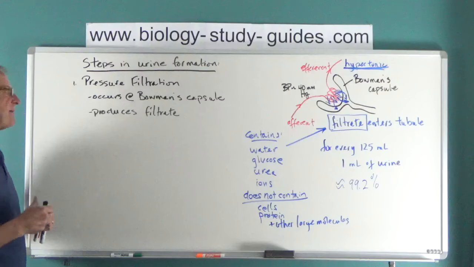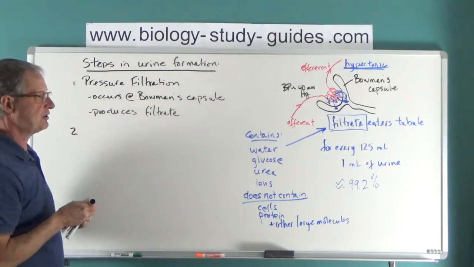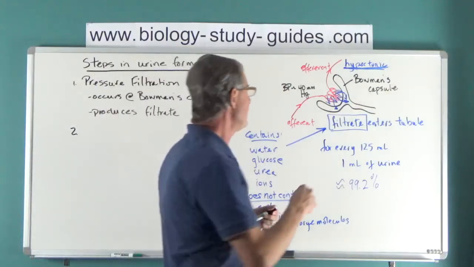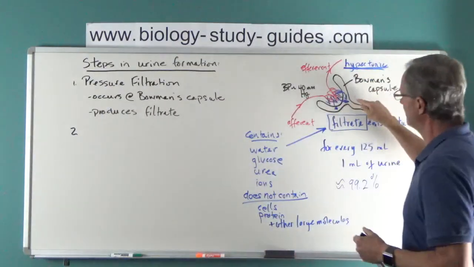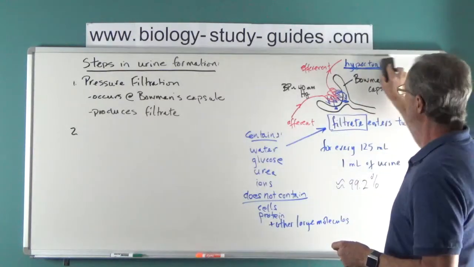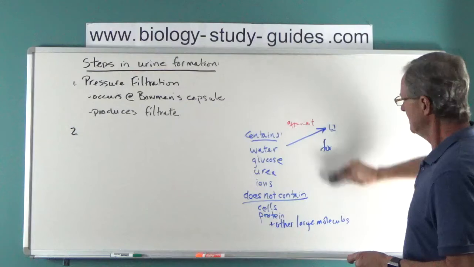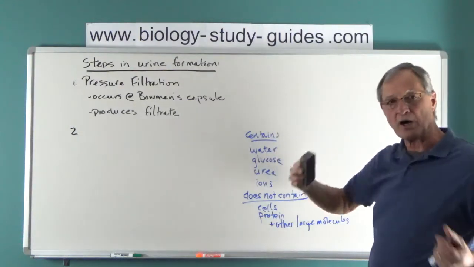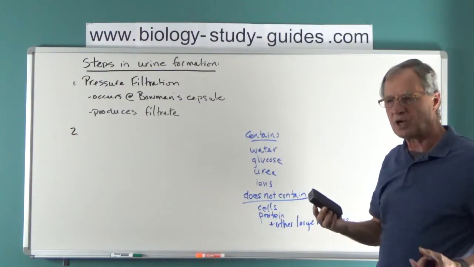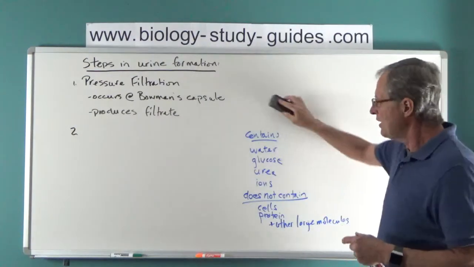The second step in urine formation occurs along this next tube after Bowman's capsule. This tube is the proximal convoluted tubule. The reason it's called proximal, if you think about the term approximate, if it's approximately correct, it would be close to correct.